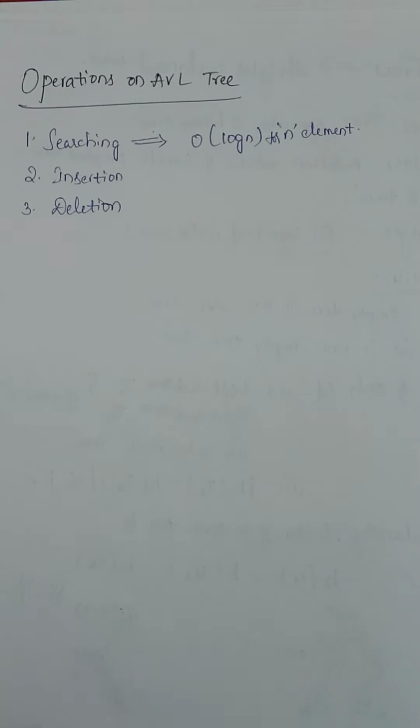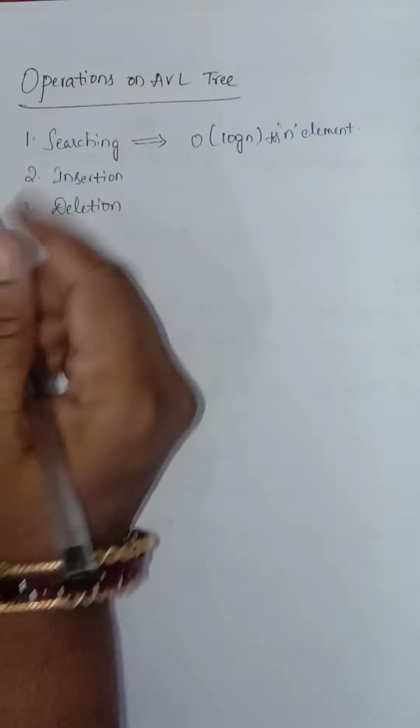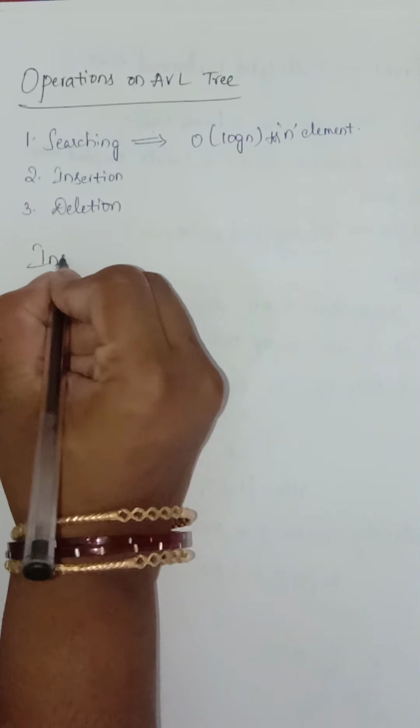Now we are moving to insertion. When we insert an element into the AVL tree, we follow the same procedure as in the BST, but the major constraint here is the balancing factor.